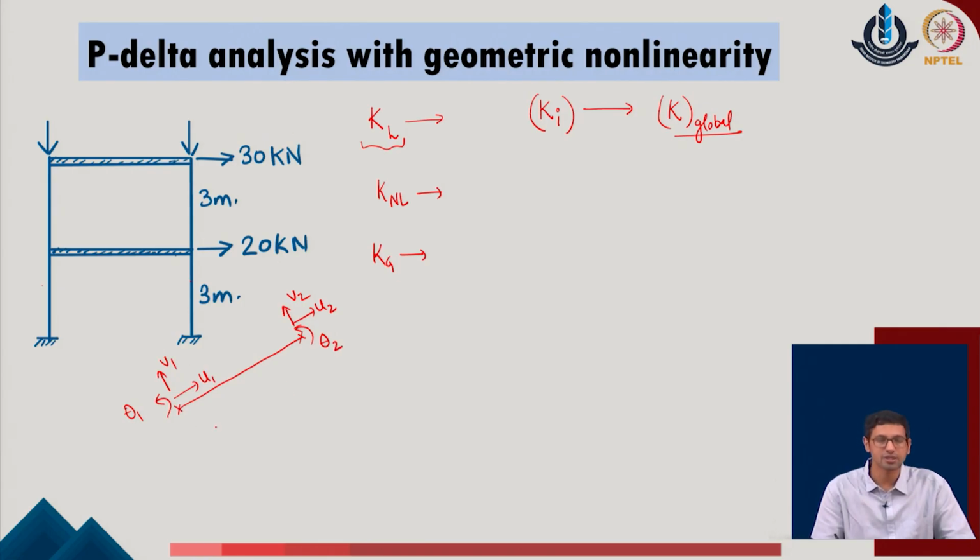Now, with respect to this given system, we were able to identify the linear as well as the nonlinear stiffness, and additionally we were also able to identify the geometrical stiffness of the given system. We call that total system KT, which is the tangent stiffness of the given system. This tangent stiffness was identified as a 6 cross 6 stiffness in the local member coordinates.